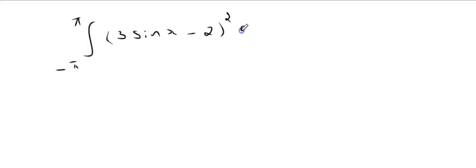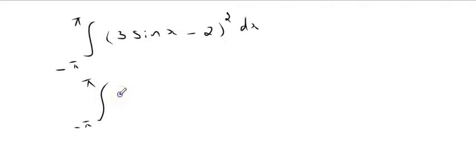Going to the choice question B, evaluate using properties integration of minus pi to pi 3 sin x minus 2 the whole squared dx. First of all, let us expand it by using the formula a minus b the whole squared.